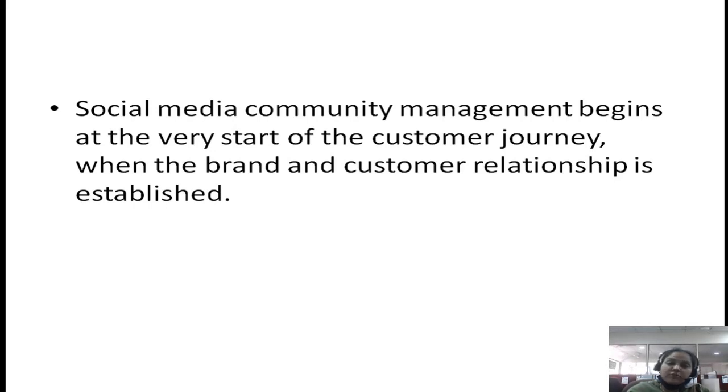So I need to manage both things: one is the brand and the second is the customer, if I really want to expand my business on social media or the online internet world. These are the fundamental skills that you have to adapt if you are a social media or internet media business person.